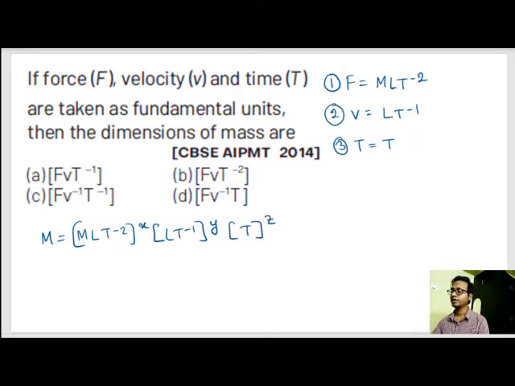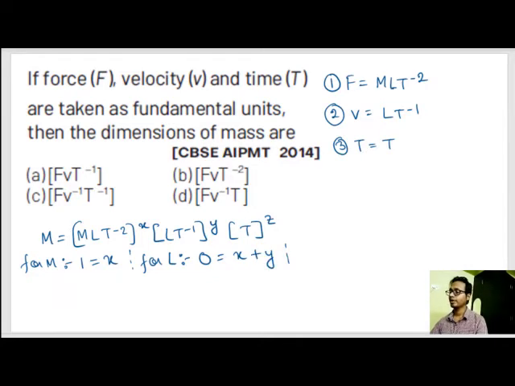So let's solve it for M. On the left hand side we have 1, on the right hand side we have x. For L, on the left hand side we have 0, on the right hand side we have x plus y.